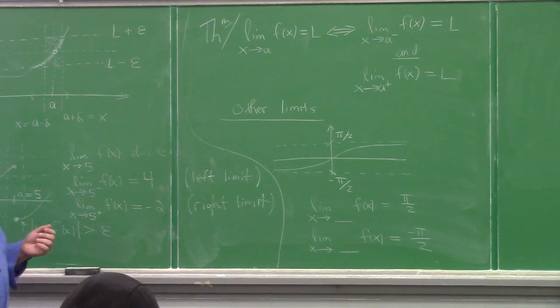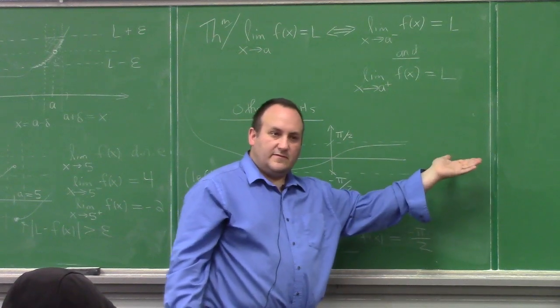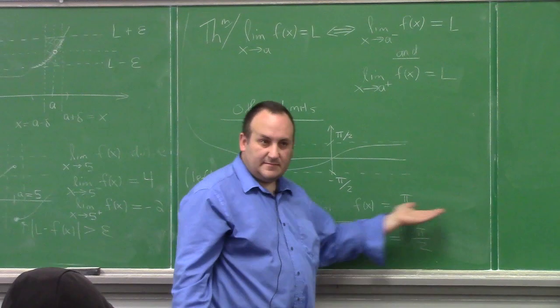So what's our notation like? If you're getting really, really large inputs, then the kind of limit we're talking about is x going to infinity, right?